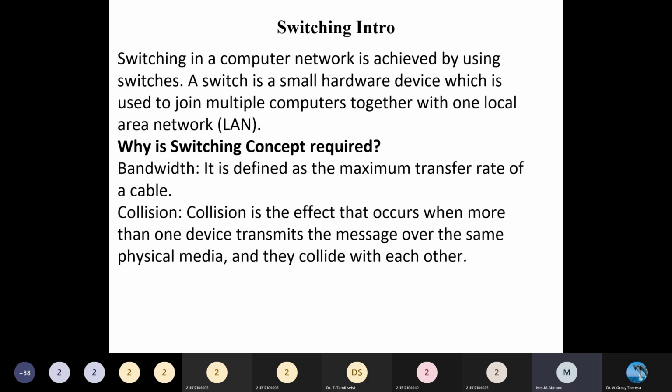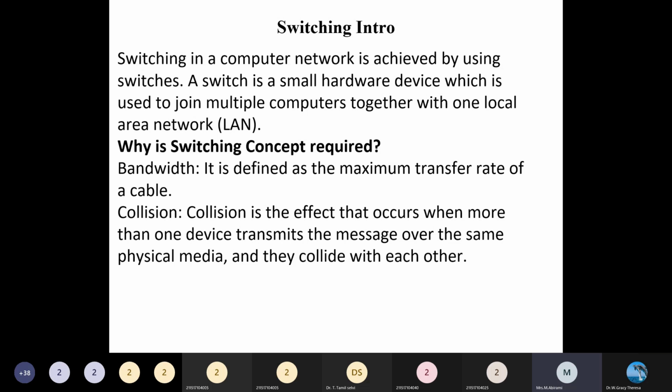Whenever more data are sent from host to host, the devices cannot transmit the data on the same physical media.